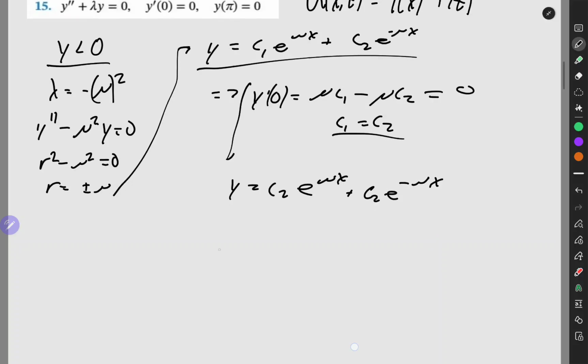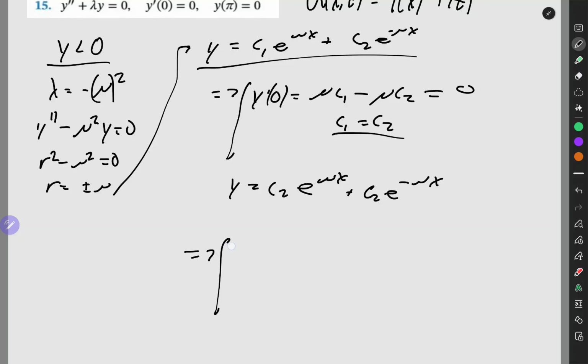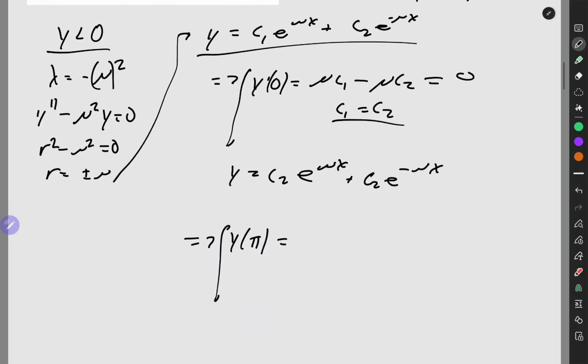Right, so now we look at, sorry, I was looking at my notes and I confused myself because I did it a different way in my notes than I'm doing right now. But we should be good. Y of pi, because I started with the other boundary condition for some reason. Doesn't matter.